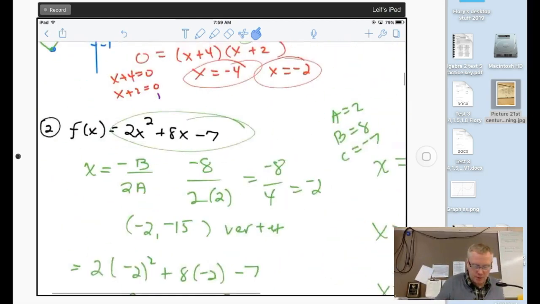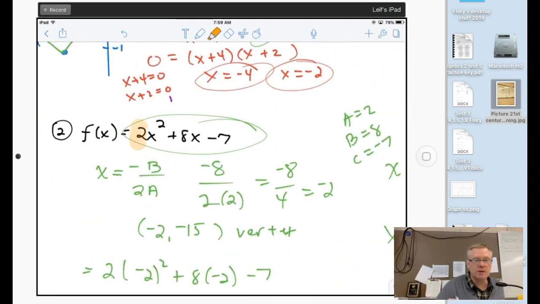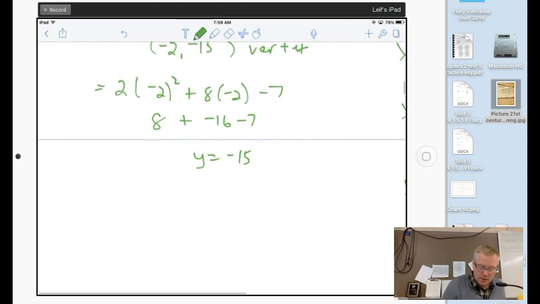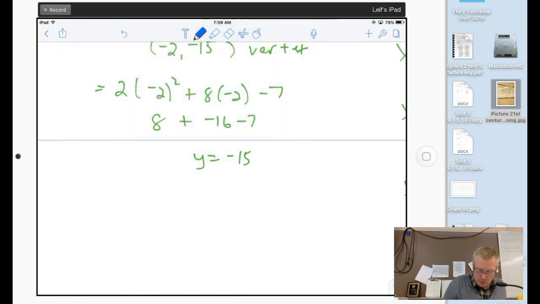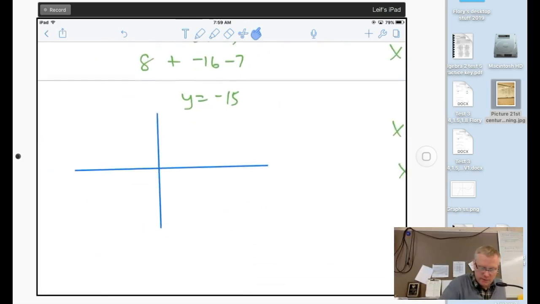If I look back at the original equation, a is positive, so that's going to open up. So it's up and up will be the end behavior. If I graph this quickly, my vertex is -2, -15, so we'll say that's way down here somewhere.